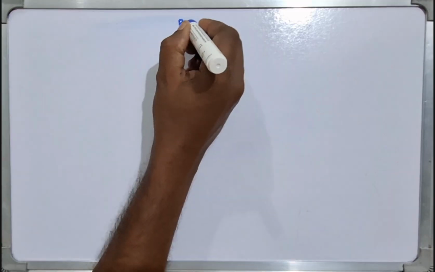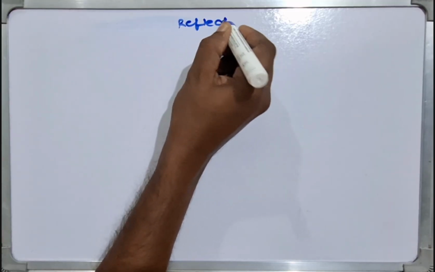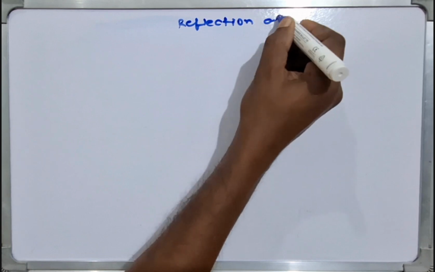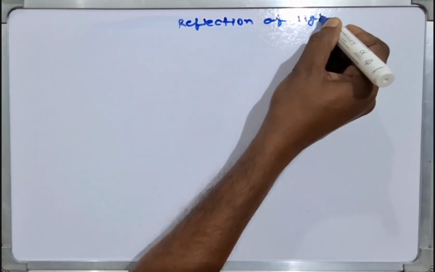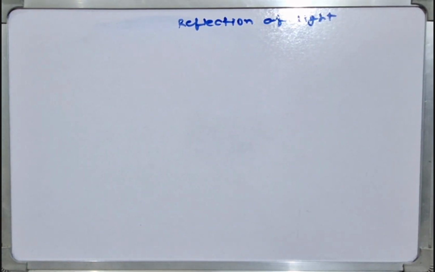So guys, now time to see reflection of light. When you enter a dark room where there is no light available, then you could not see any object inside the room.